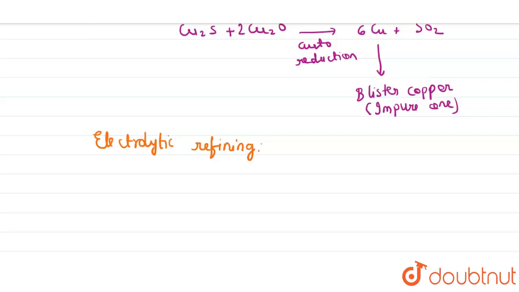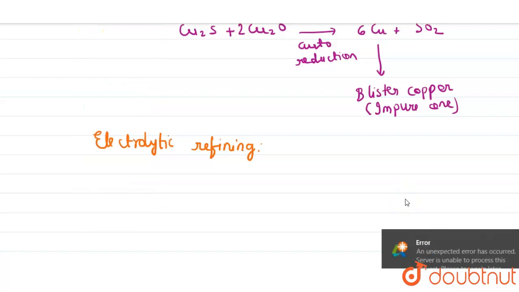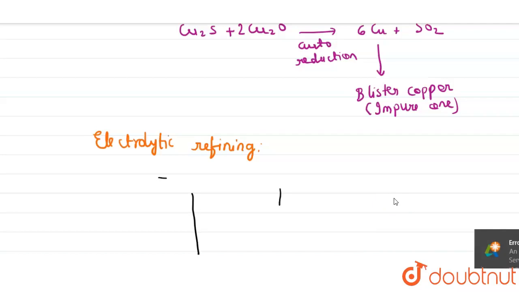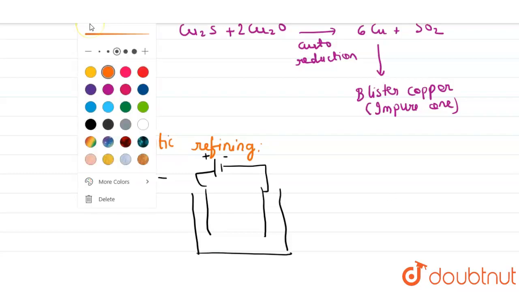Here we have a beaker with two electrodes, one is the anode and one is the cathode. Let us label the diagram.